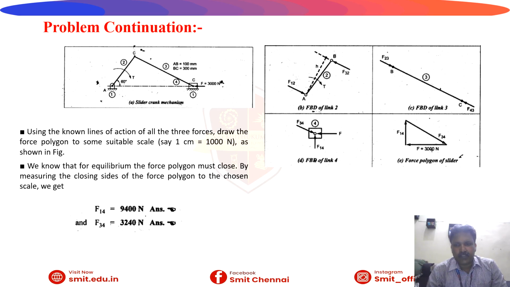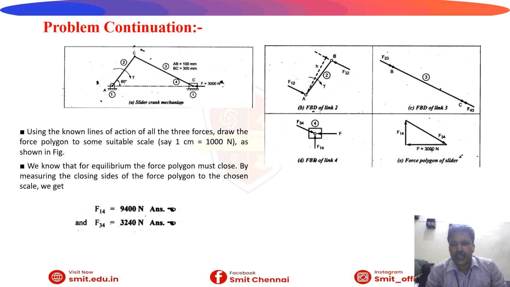The same thing, the given figure is drawn here with a suitable scale. Then using the known lines of action of all three forces, draw the polygon to a suitable scale, 1 centimeter equals 1000 Newton, as shown in the sketch. Here we can see the alphabets B, C, D and E, the various free body diagrams as we discussed in the previous problem.